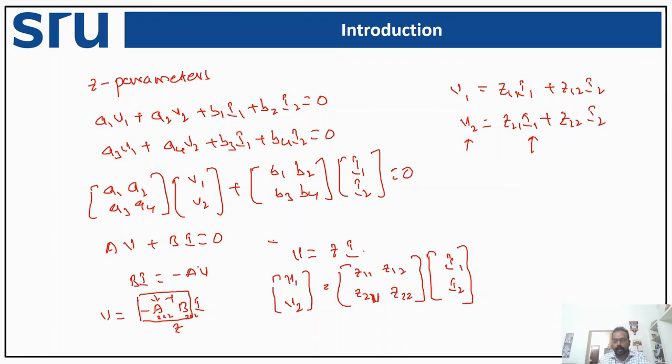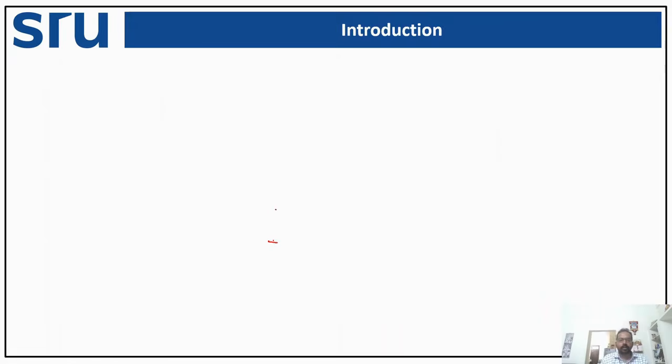For example, let us consider a small circuit, a two-port network, in which we have a resistor R. This resistor is connected between the input port and the output port.